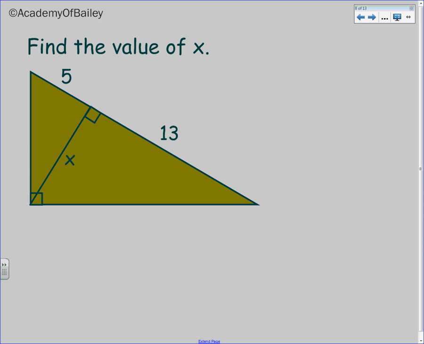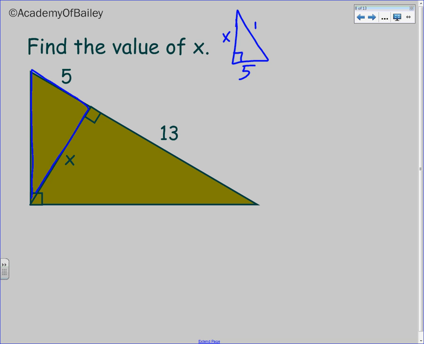Okay, well, let's look here. Find the value of x. Well, we know two parts of a small triangle, right? We know 5, and it might even be helpful for you to draw 5, here's the 90, and then x is that part.